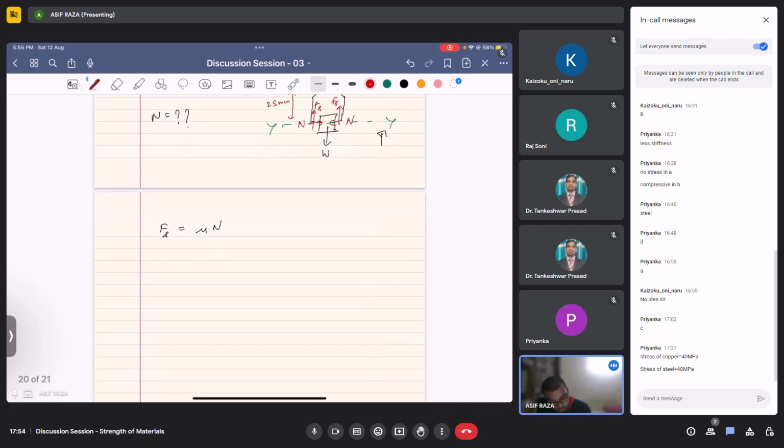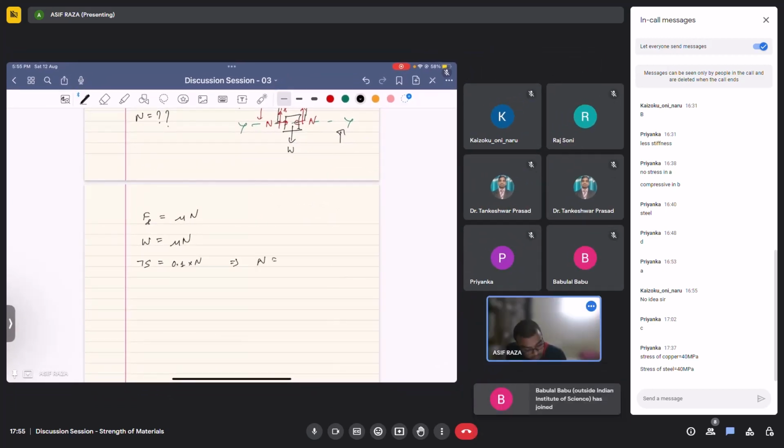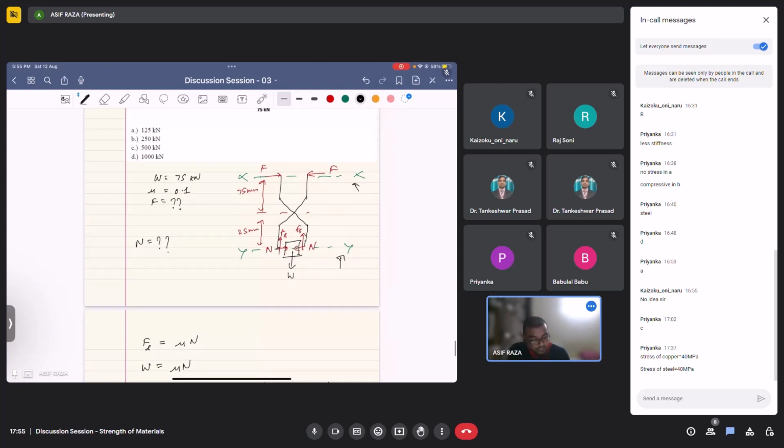Fs would be equal to mu times normal, and this should be equal to the weight of this block. So W is 75 kilonewton, mu is 0.1, so normal would come out to be 750 kilonewton.